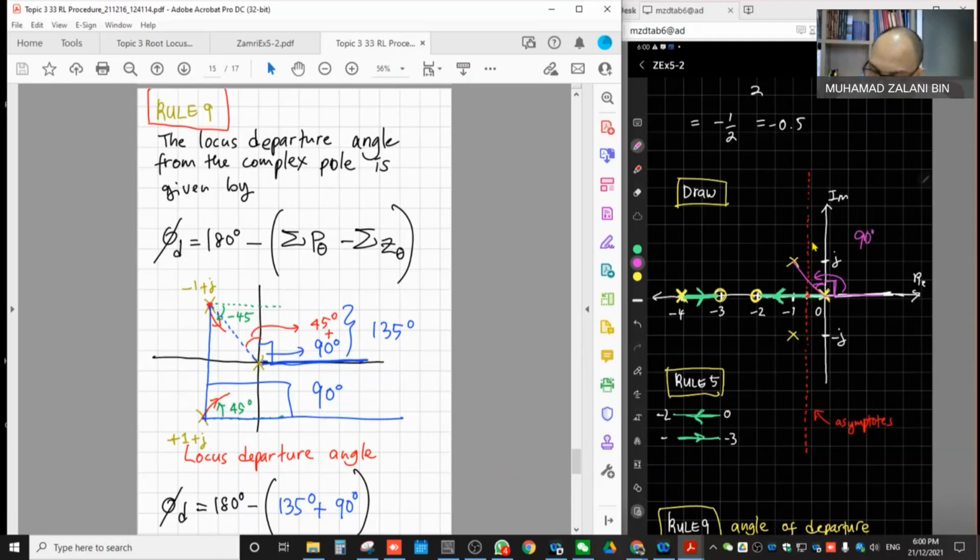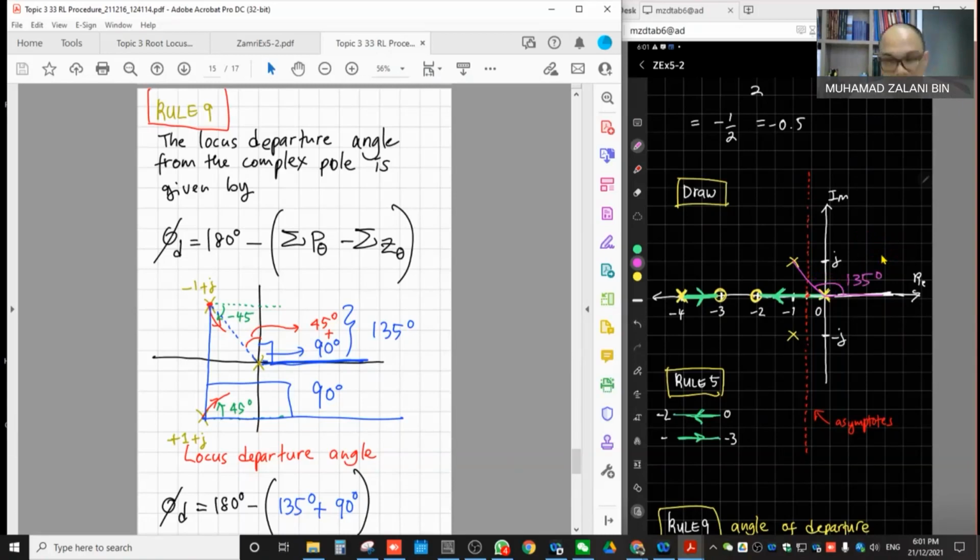So 90 degree plus 45 is 135. So the first angle with respect to the first pole here is 135 degree. Let me rewrite it. I'm going to go back, otherwise it will be messy. That is the first angle, which is 135 degree.